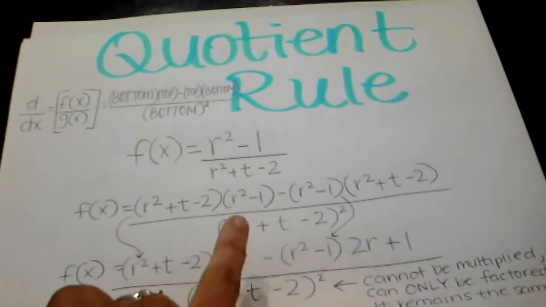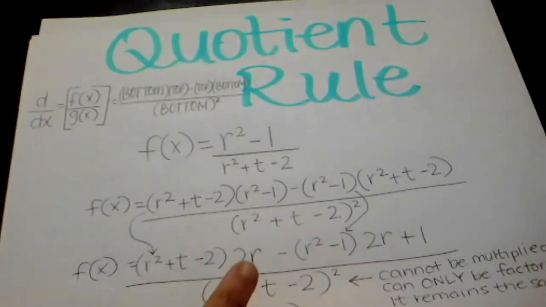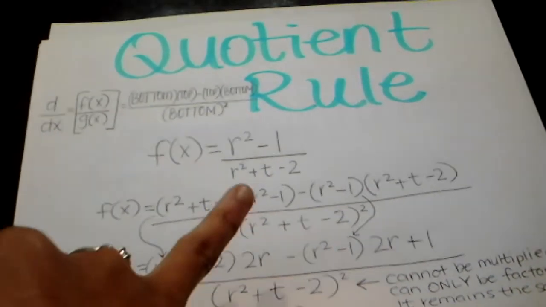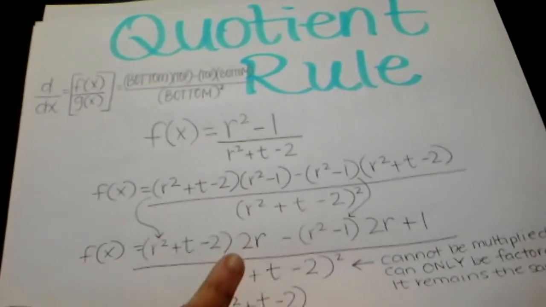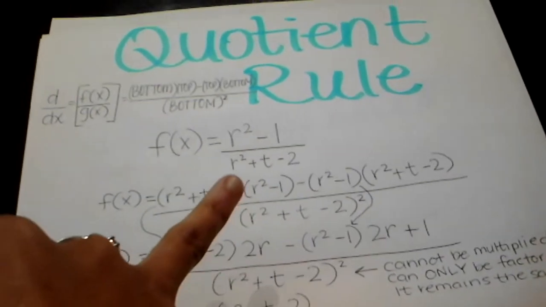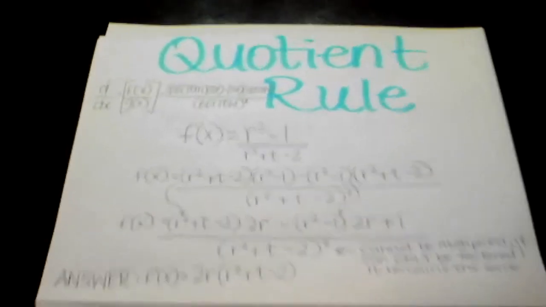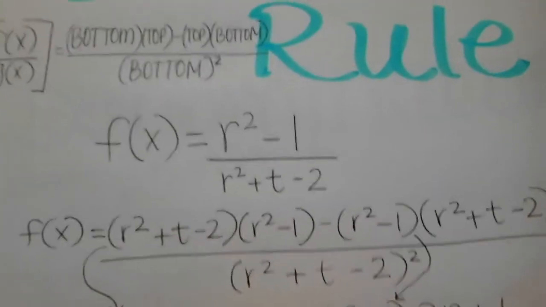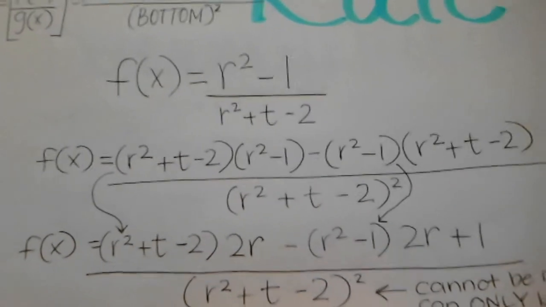So the derivative of the second function of r squared is 2r. You multiply the exponent times the invisible 1 in front of the r, and that gives you 2r. And then the exponent, you subtract 2 minus 1, and that gives you r to the first power, which you don't have to write.